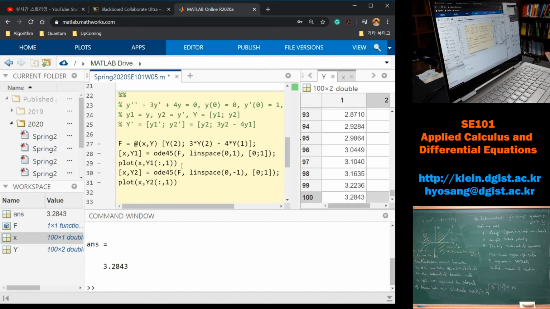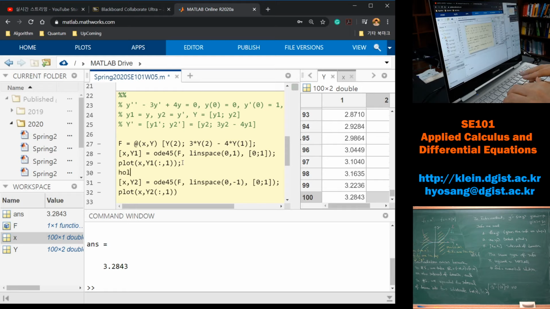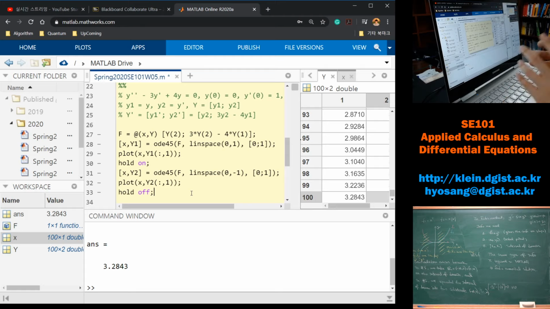When I do the first plot and then do the second plot, the previous plot will be erased. So I don't want the first plot to be erased. So I should put the hold on command so that any plot after hold on will always be plotted above the previous plot. And then when I have drawn all the plots that I wanted in the figure, just put the hold off command.